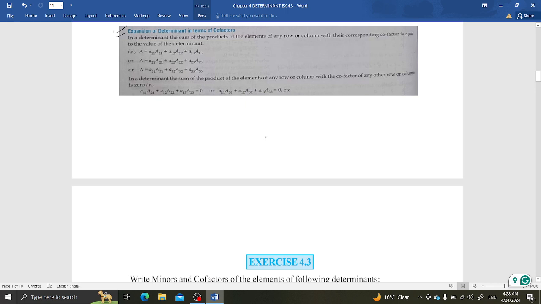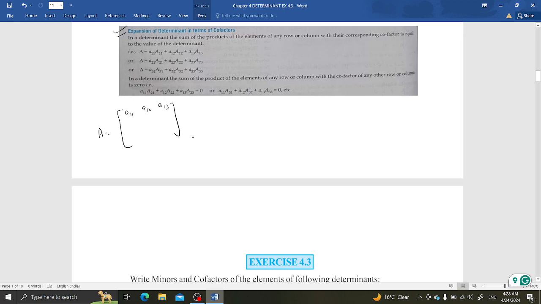But in this complete exercise we are just finding how we can find minors, how we can find cofactors, and how we can expand the determinant. Now here we have the expansion of the determinant in terms of cofactors. Suppose we have a matrix A: A11, A12, A13. Why am I always taking 3 cross 3?